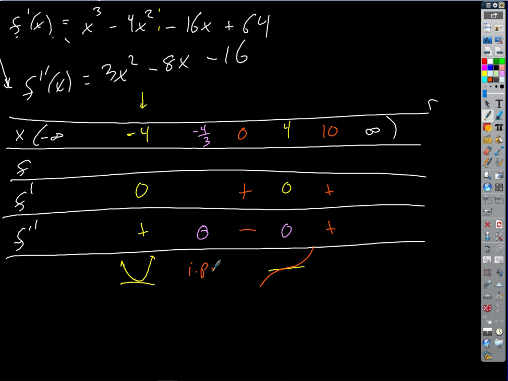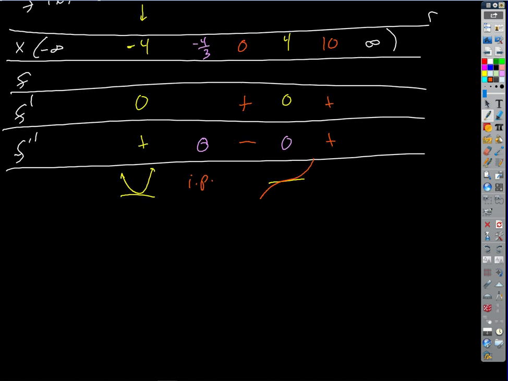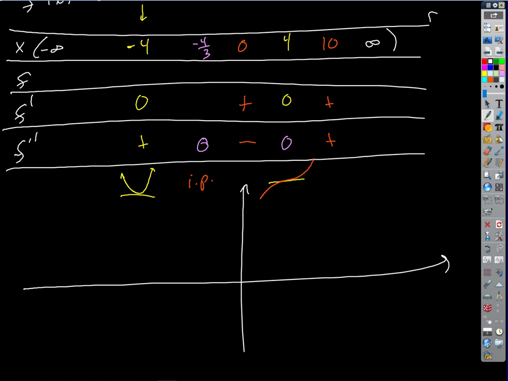Now, all we would have to do if we wanted to draw this picture is just add that into a sketch. I'm not even going to bother putting what the values of the function are at these places. Let's not even worry about it. Let's just draw a sketch, and we don't care if it's correct vertically, right? We could always anchor it with some points if we wanted to. But there's the y-axis, x-axis. We know at -4, we've got a minimum somewhere, so we'll just put it down here.